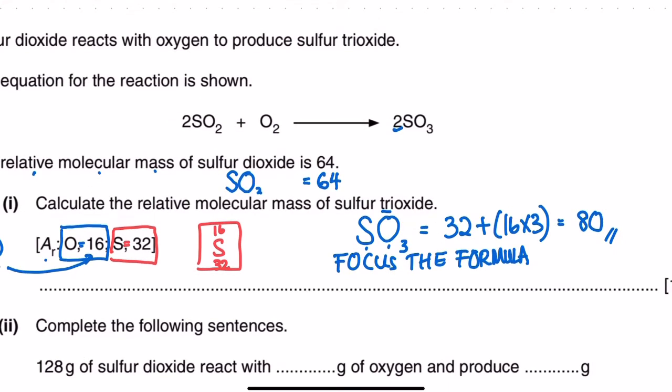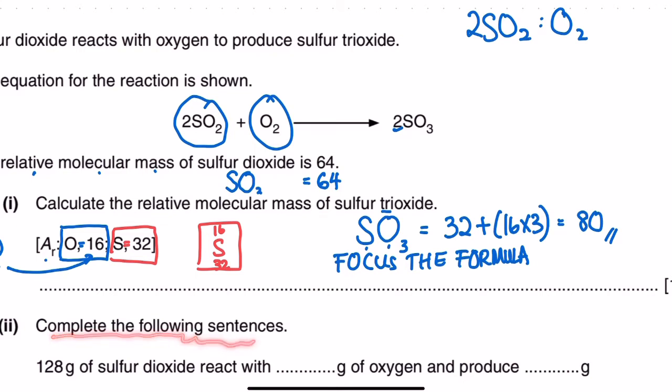Sulfur dioxide, you must copy from the equation, okay? This is the part that we need the chemical equation. 2SO2 to the ratio of oxygen O2. Okay, when you see the words complete the following sentences, then you just refer to the chemical equation.